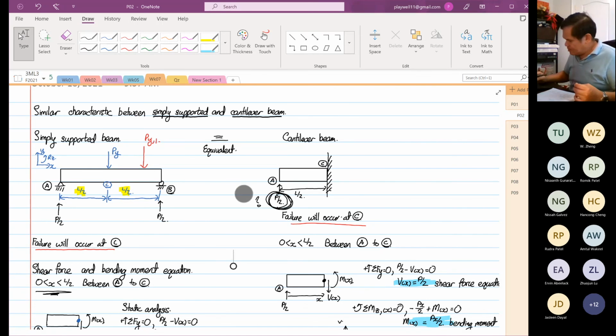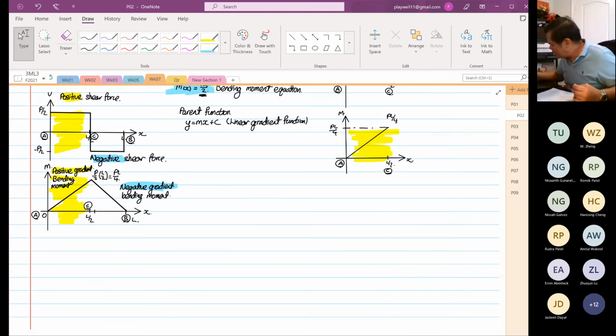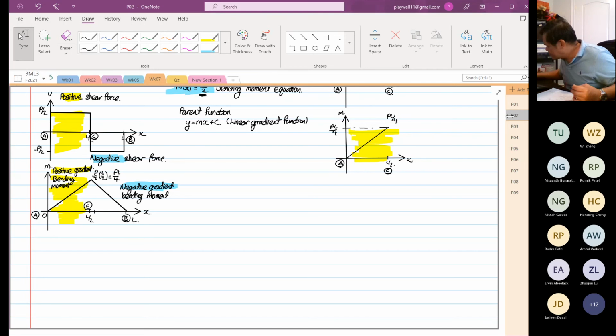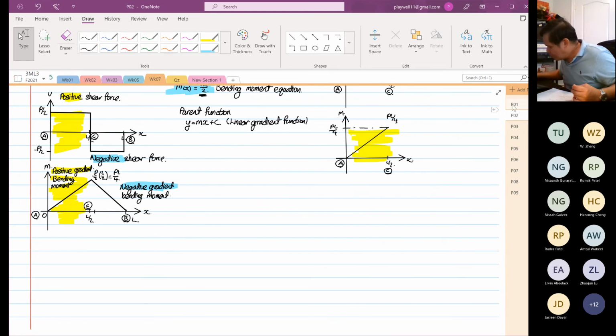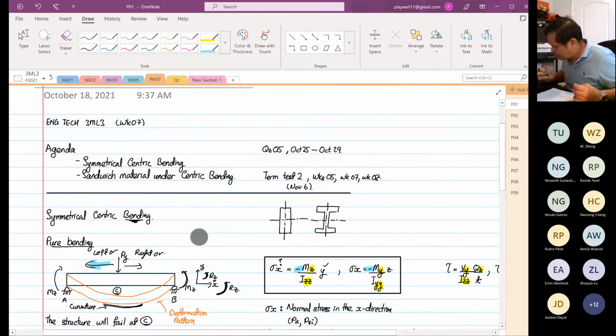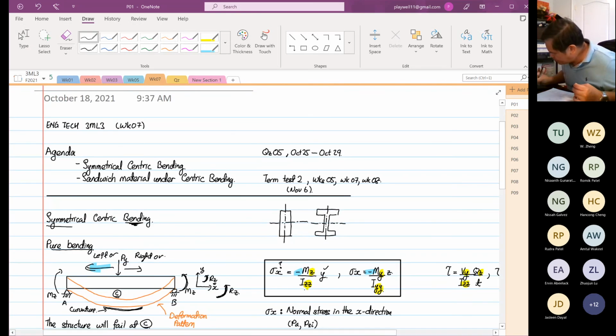Now the next thing I'd like to explain is why we call it symmetry.